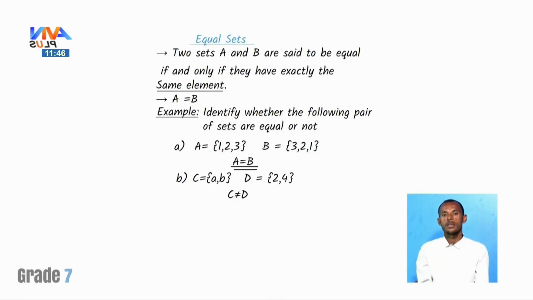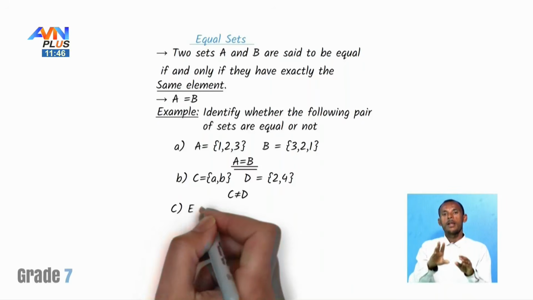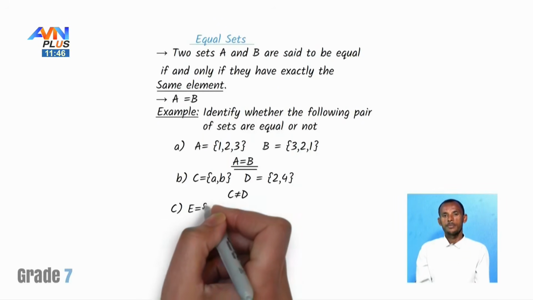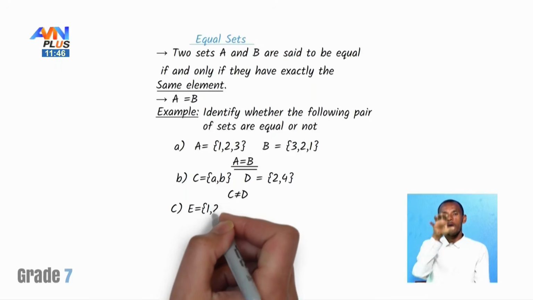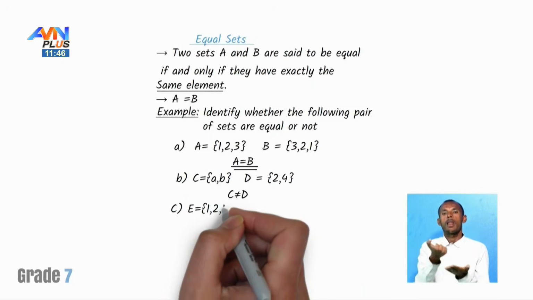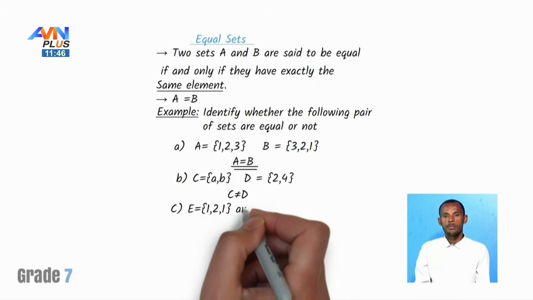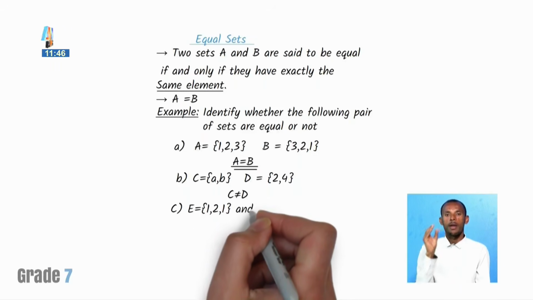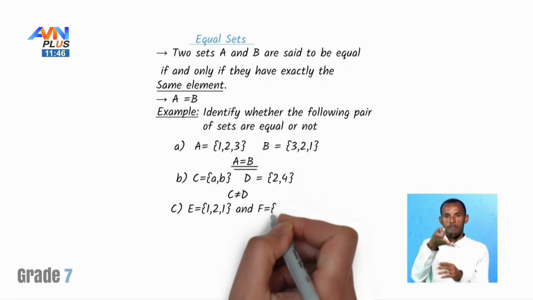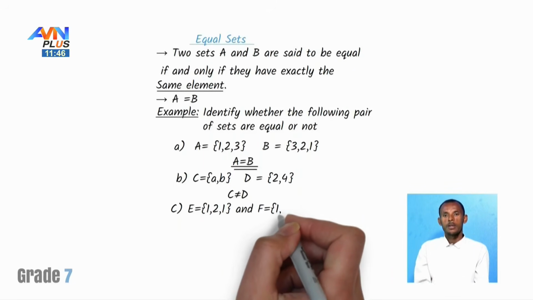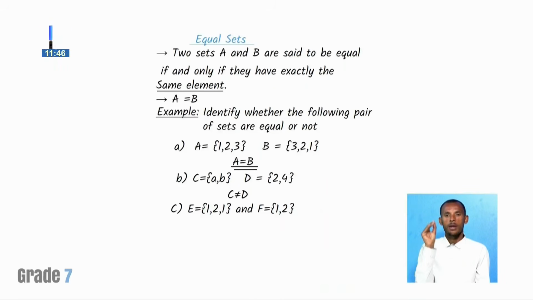Now, let me add one more example. Let's take this one. Assume set E contains the elements 1, 2, and 1, and set F contains the elements 1 and 2.